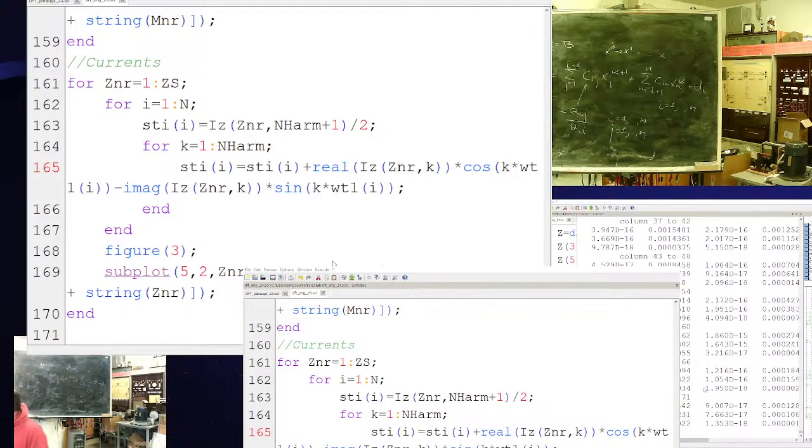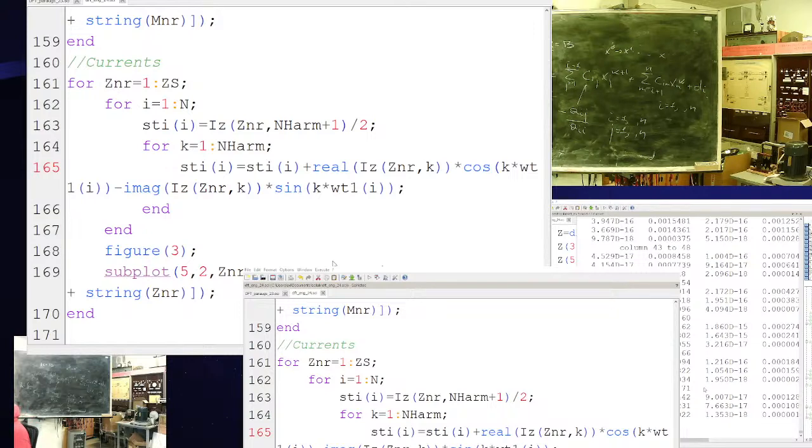Yeah, here is my current from the second branch. Sorry, I made a mistake. This one is correct. I had mine at the imaginary part. I had to put mine in the imaginary part.